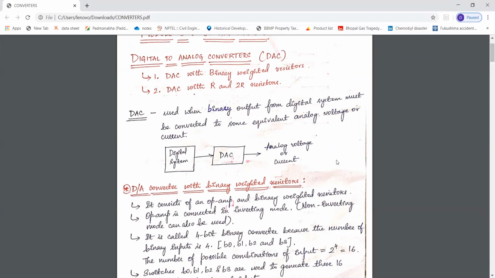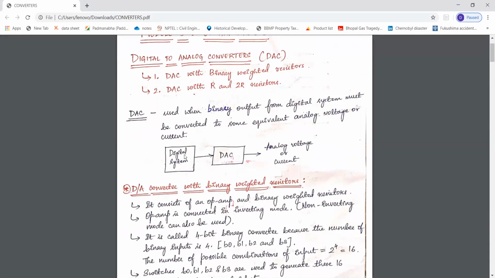So what is a DAC? DAC is a digital to analog converter, which takes the output of the digital system and converts it to an equivalent analog voltage or current. What will be the output of the digital system?